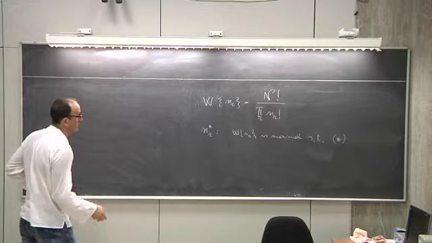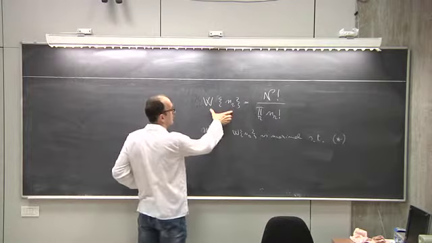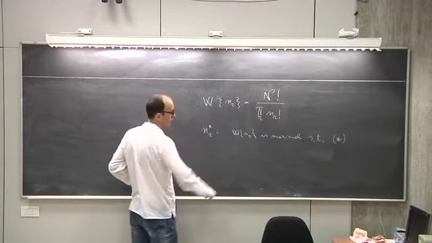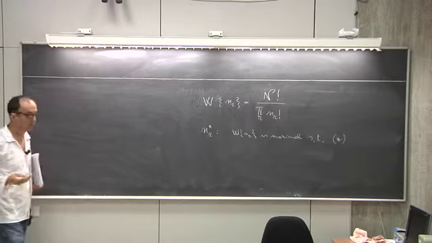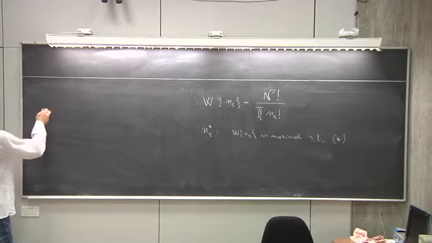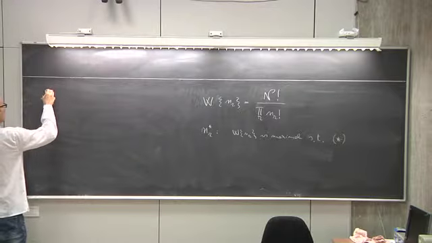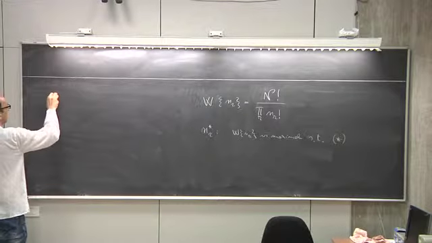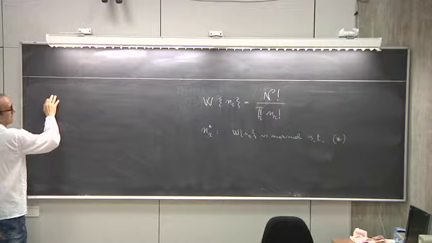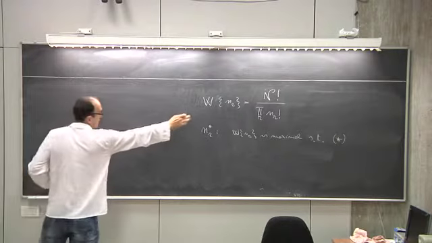If you want to maximize this object subject to those two constraints, you have to find the extrema of something, and it is convenient to take the log of this.